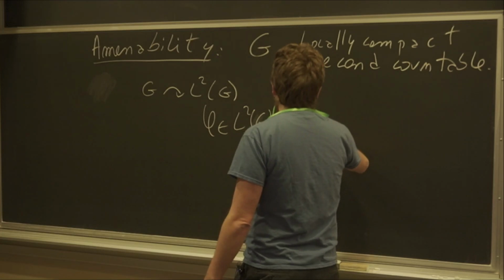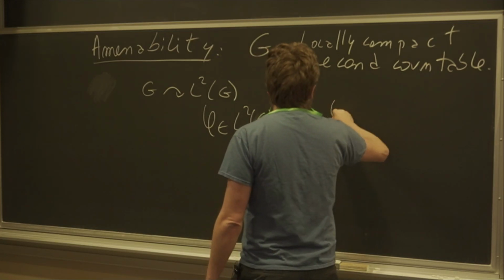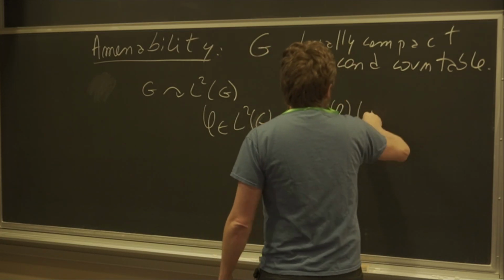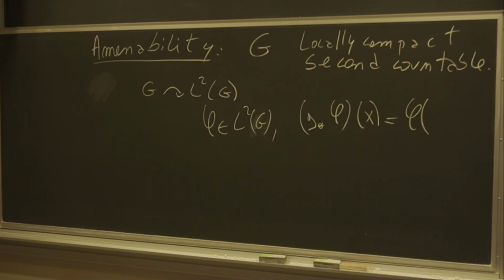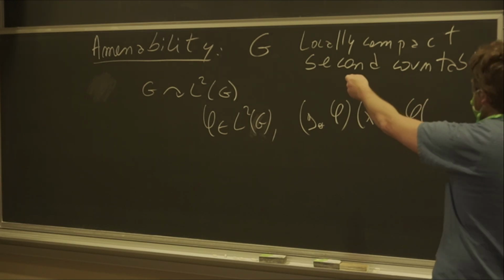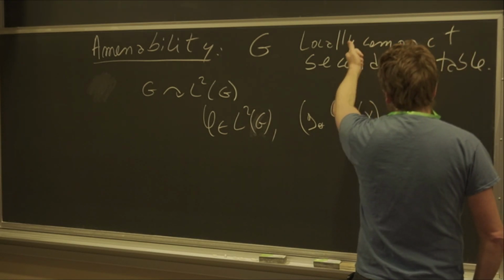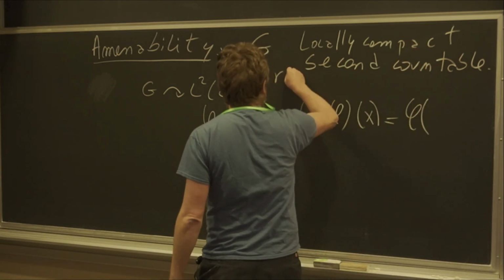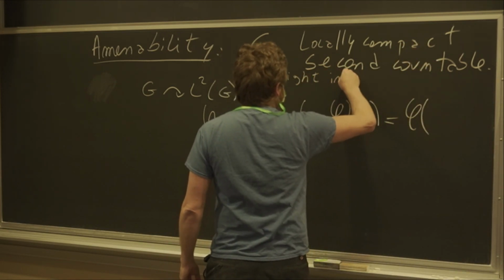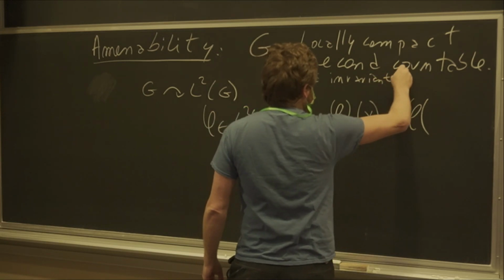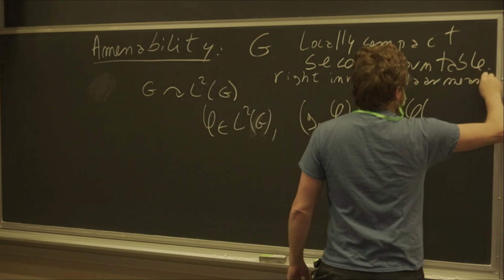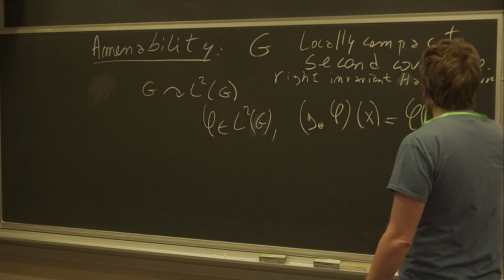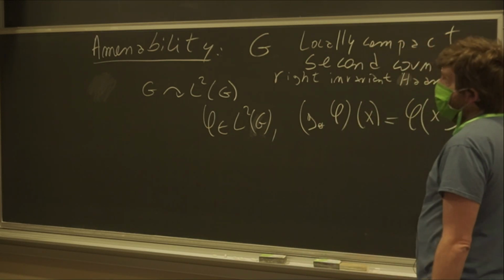So this action takes a function phi in L2 of G, and g star phi applied to a point x is phi of, and you have two of them? And let's say I'm working with invariant Haar measure. And then I multiply to the right.